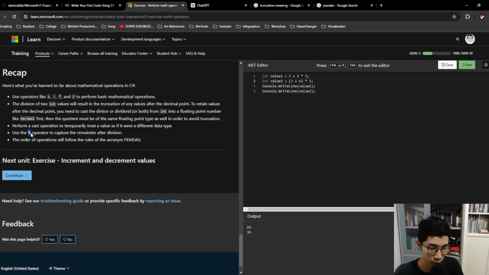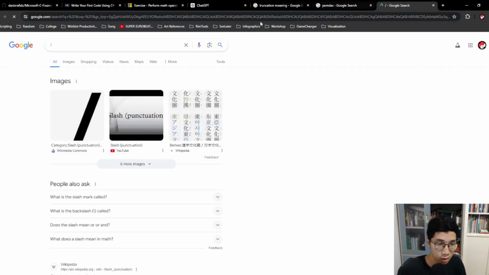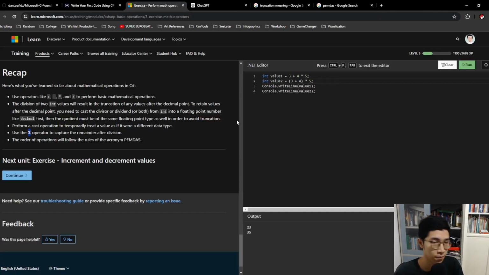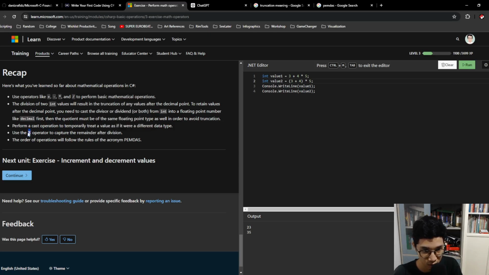Just remember that division has the symbol of slash, not backslash. But the modulus has the percent symbol operator, or you can say modulus operator.